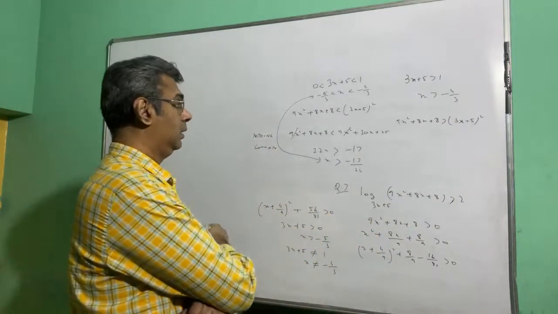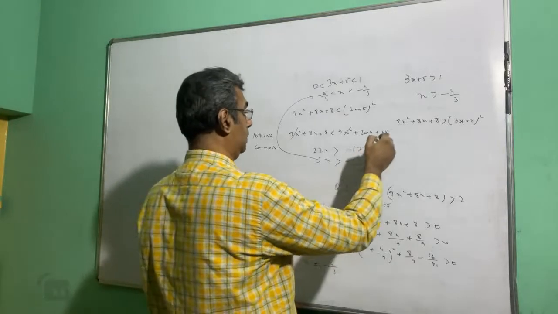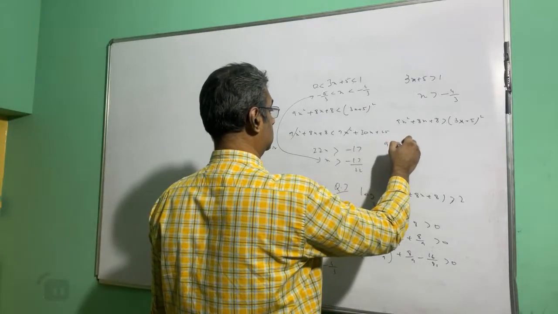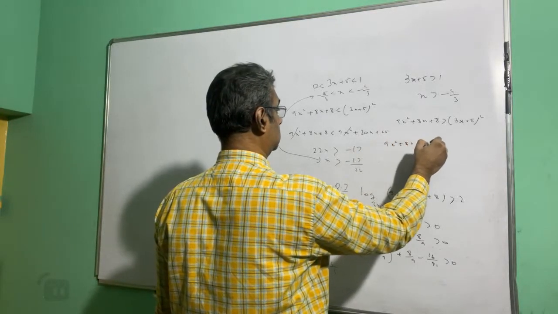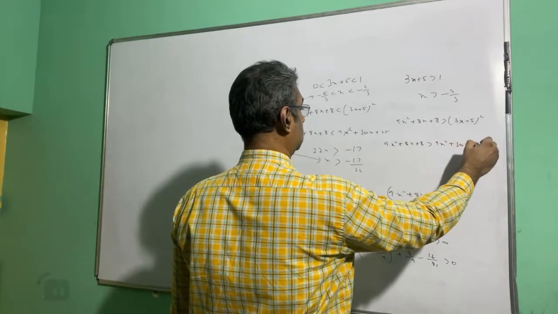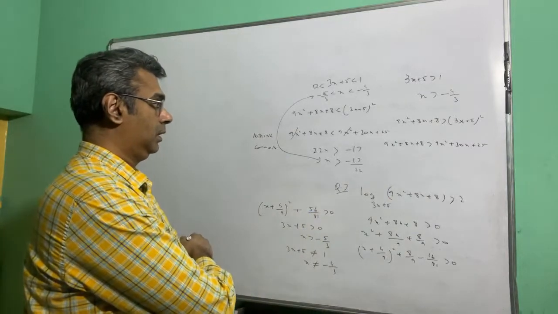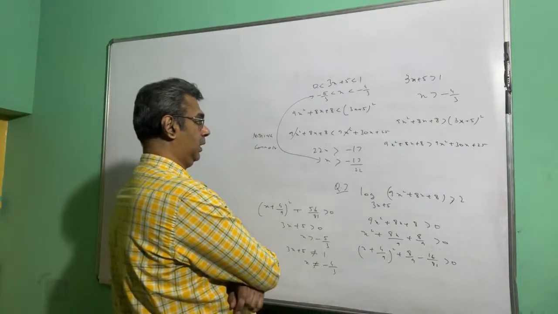So 9x square plus 8x plus 8 will be greater than 3x plus 5 whole square. So 9x square plus 8x plus 8 will be greater than 9x square plus 30x plus 25.